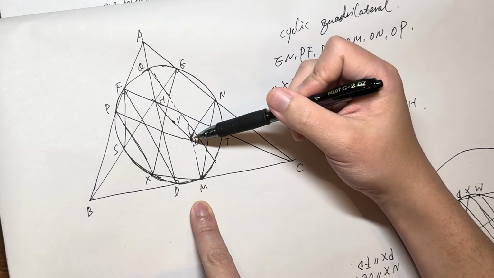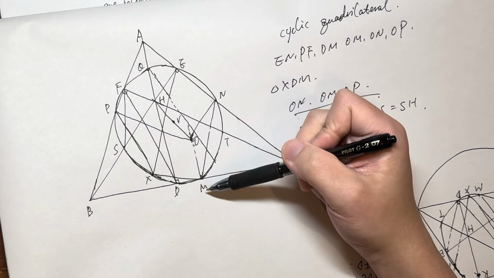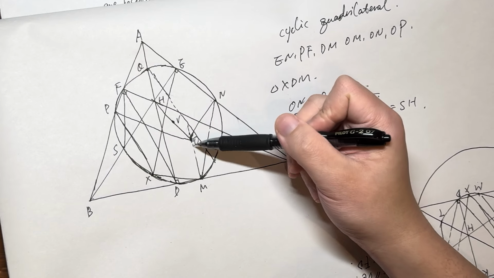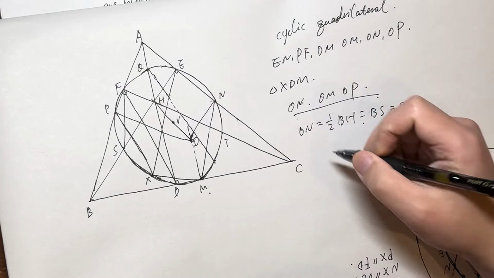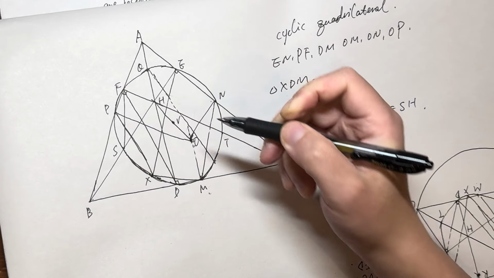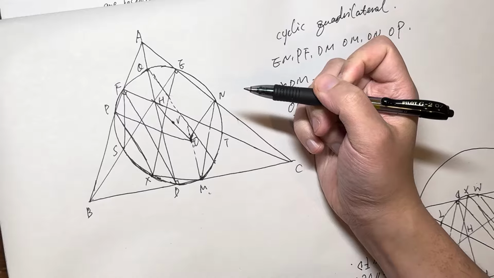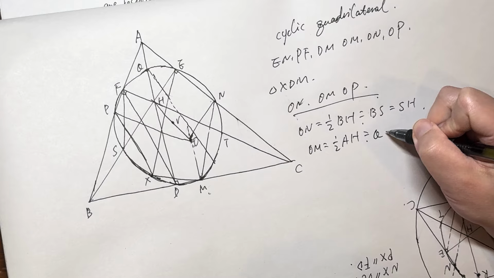Because ON, OM, and OP, we feel that OM may be the shortest, right? OM equals half of AH, which equals QF.